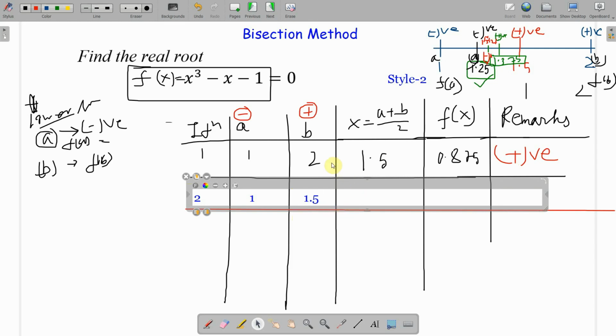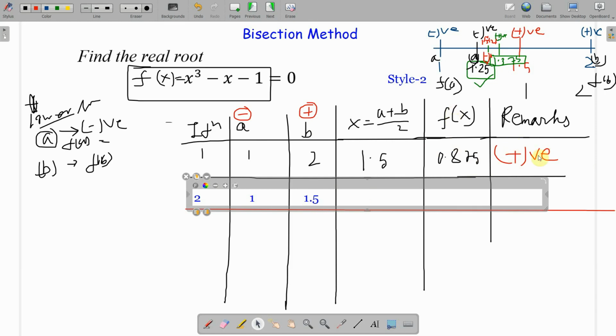So if it's coming positive, the simple rule, so that you don't have to think, the simple rule: if it's coming positive, then what will be updated with the x value? If positive comes, you will update the positive point, meaning the b point. If it's coming positive in the remarks, positive means fx is coming positive.